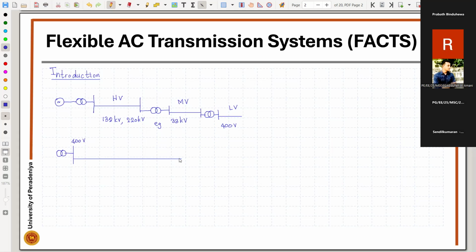Next, we would have the feeder network, and then we connect loads to different points on the network.